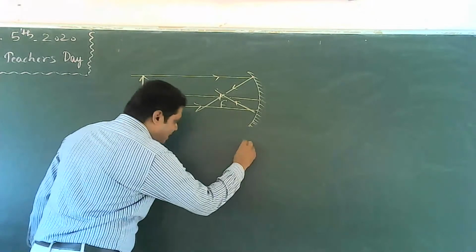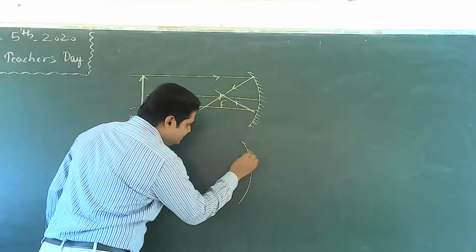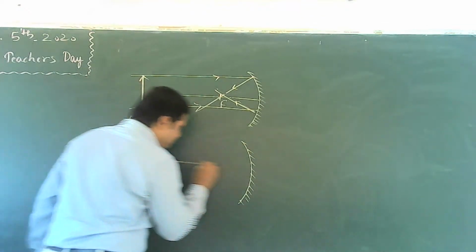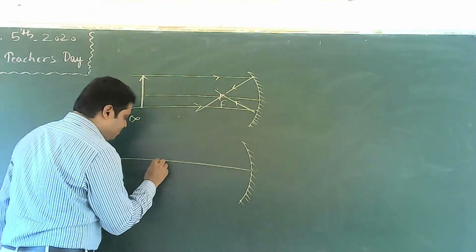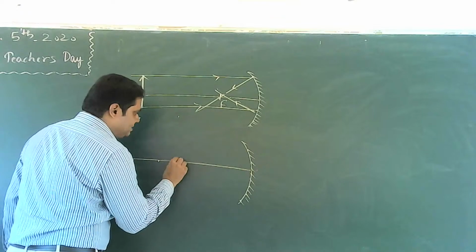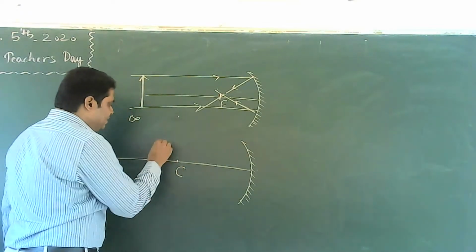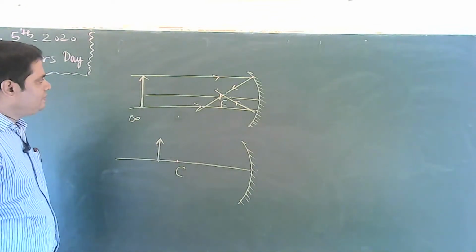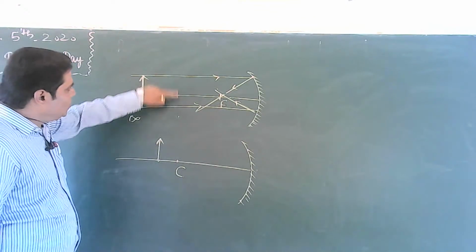Imagine your object is placed beyond C. This is somewhere C. Okay, let me take C somewhere here. You place your object here, beyond C. Here we consider 2 rays.